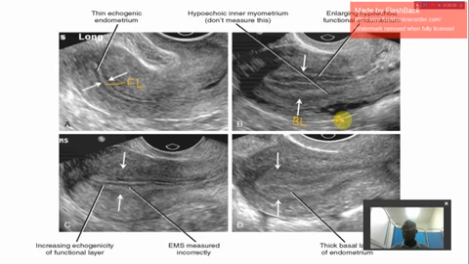This is the arcuate artery you are seeing here. And for supply of blood, you can see the spiral artery goes into the myometrium, supplying blood to the myometrium.